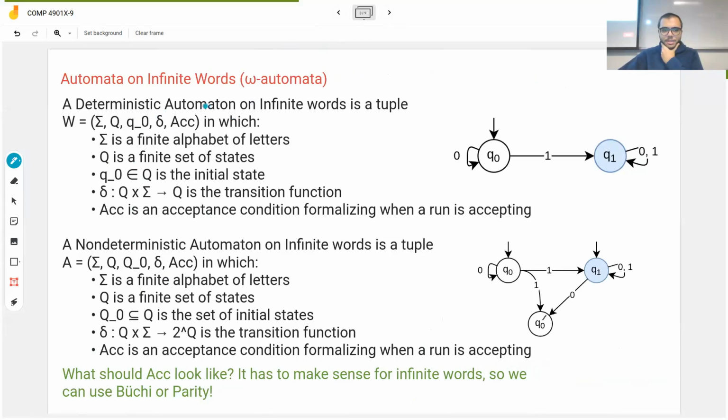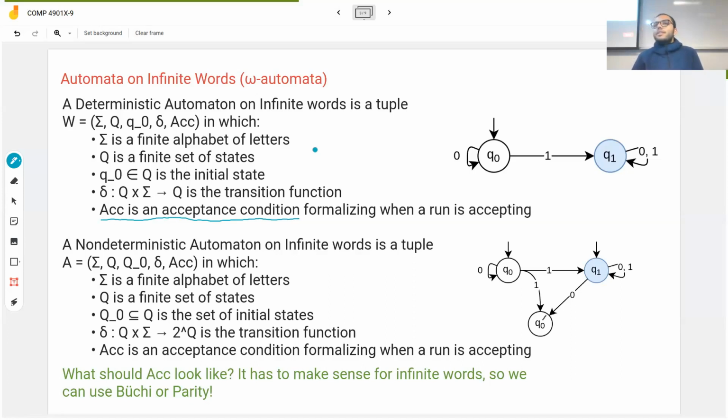So I have a deterministic automaton and a non-deterministic automaton. But I'm just going to say that I'm going to have an acceptance condition. The role of this acceptance condition is to tell me whether a particular run is an accepting run or not. As we saw, I cannot just look at the last vertex, because there is no last vertex. One of the first things that come to mind is, let's use reachability.